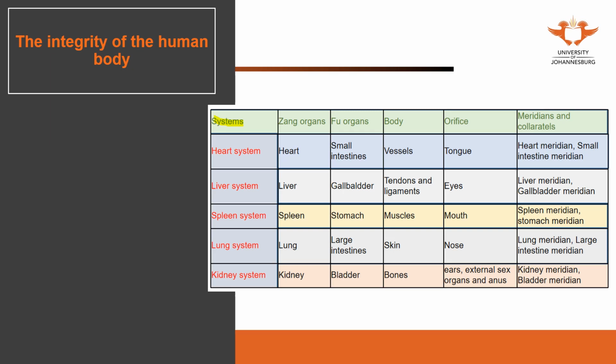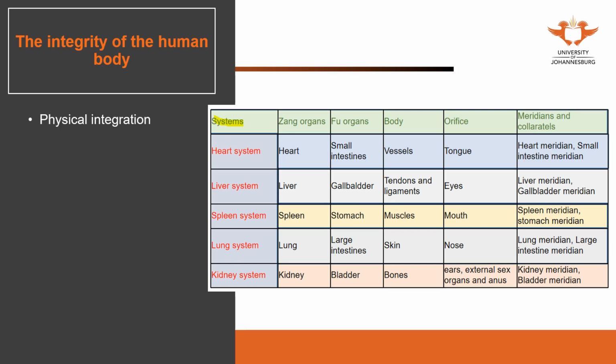The heart system, the liver system, the spleen system. These different systems, they work together. So in this way, it's very close to the definition of integration, the act of or process of combining 2 or more things so that they can work together.